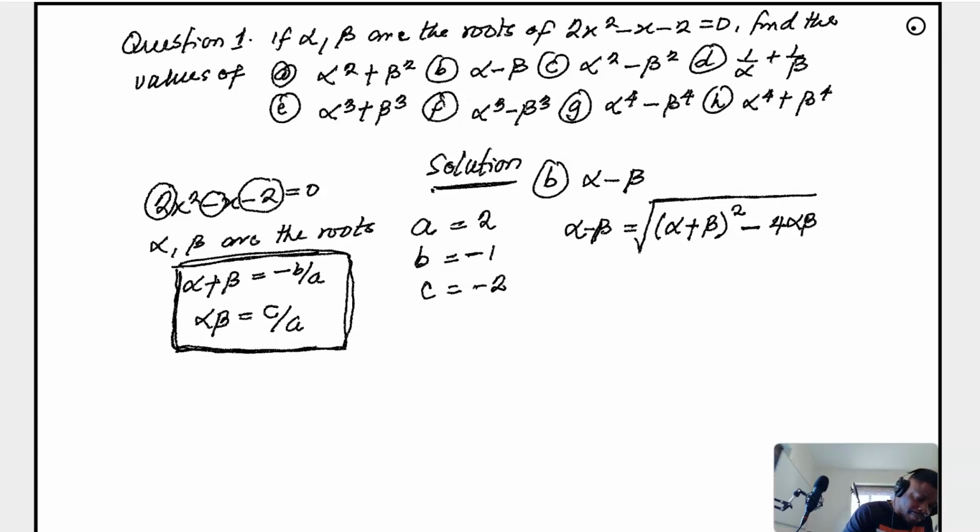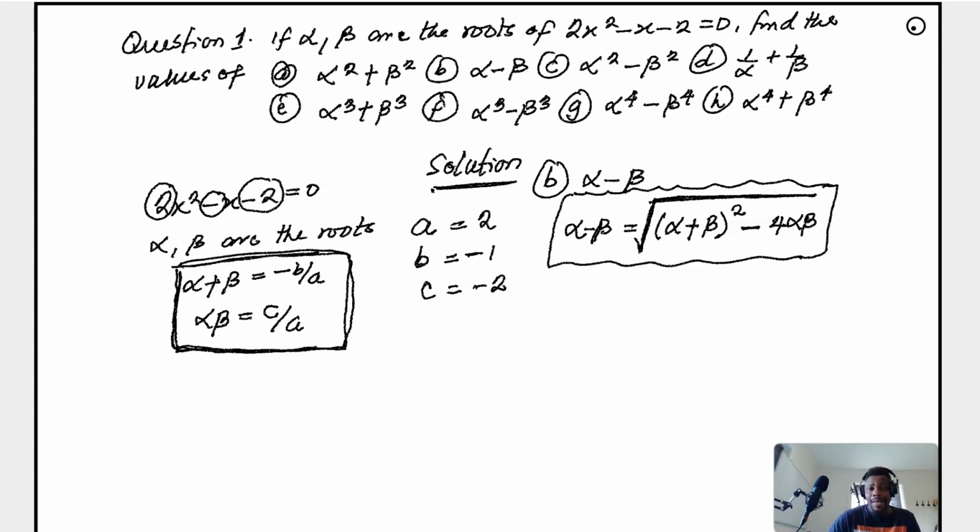So please remember this. Whenever you are looking for alpha minus beta, this is the formula you are going to apply. I can show you how this is gotten, but it will just take time in the video. But if you expand this, it will give you the same formula.